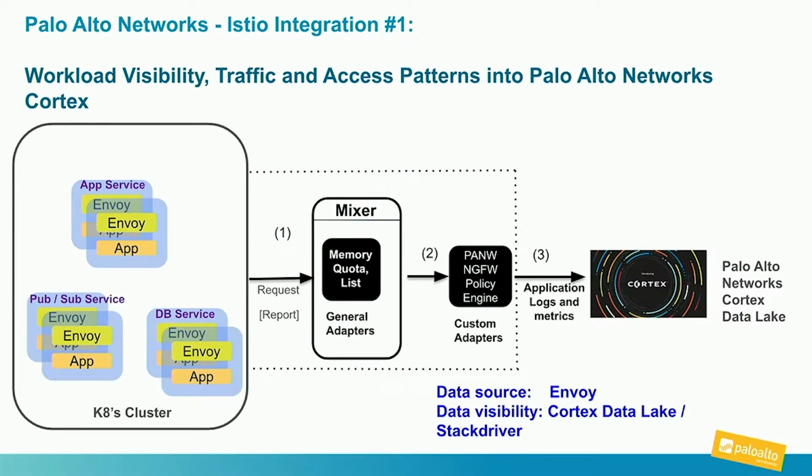So the first integration that we have built out using Istio is to leverage the report API surfaced by Envoy and Istio to show fine-grained telemetry about all accesses that are going on in your service mesh.